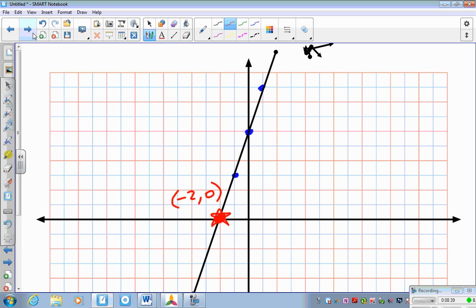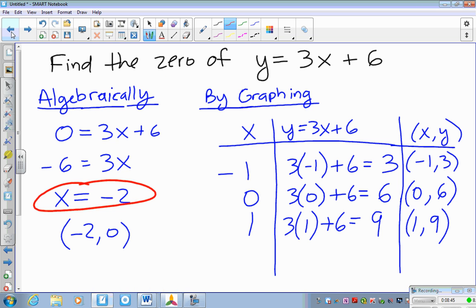Looking at the other way that I could present it to you, instead of saying find the 0 of y equals 3x plus 6, you may see it, and this is the way your book did it, with a 0 written there already for you instead of this y. Well, if you see that, all that means is that they've already set it up algebraically for you.